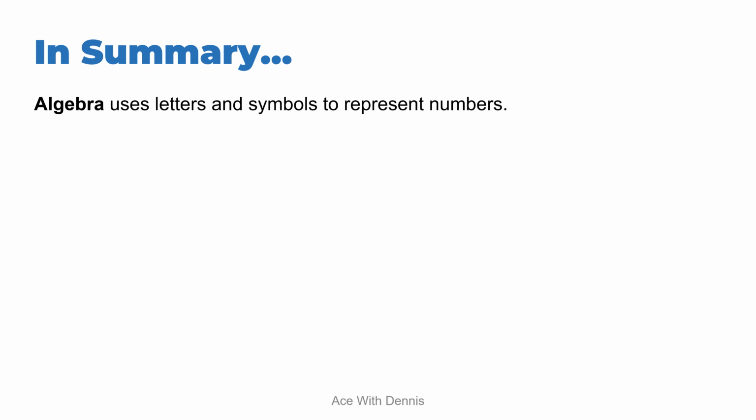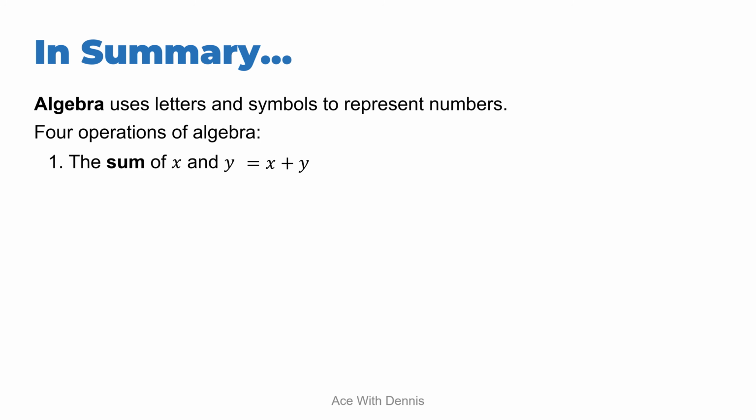In summary, algebra uses letters and symbols to represent numbers. Here are the 4 operations of algebra. The first one is the sum of x and y, which can be written as x plus y. Number 2, the difference of x and y can be written as x minus y, where x is greater than y.